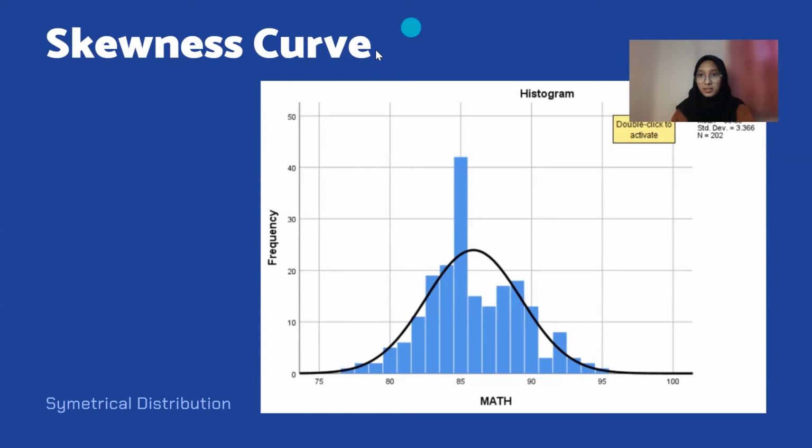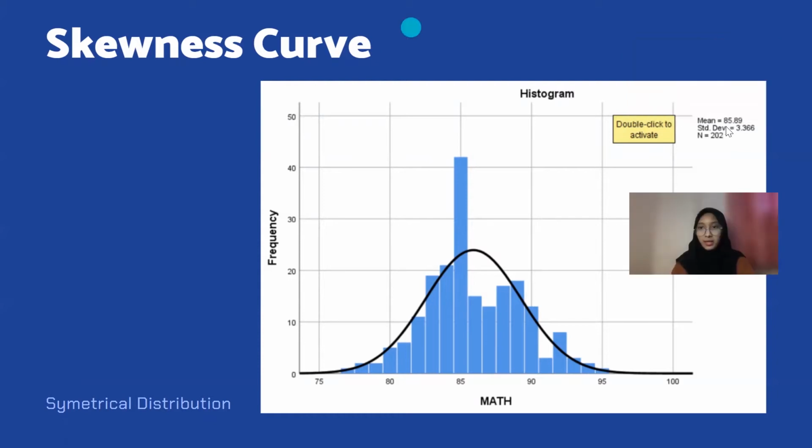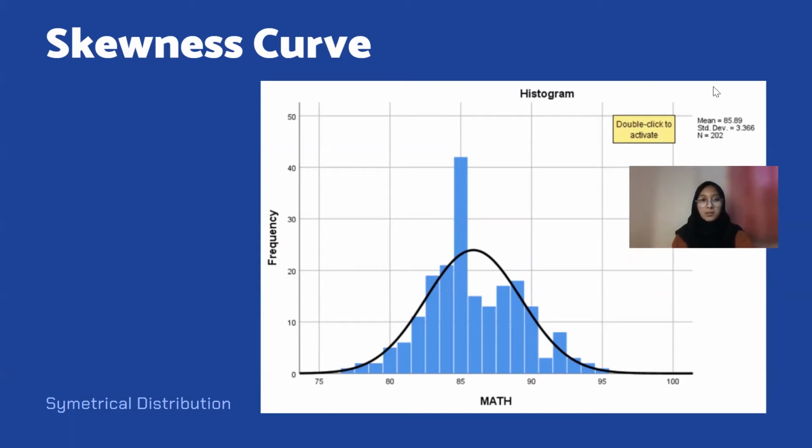As we can see here, the mean is 85.89, the standard deviation is 3.366, and the amount of data is 202. Because the median and the mode are 85 and almost the same as the mean, the curve is normal.